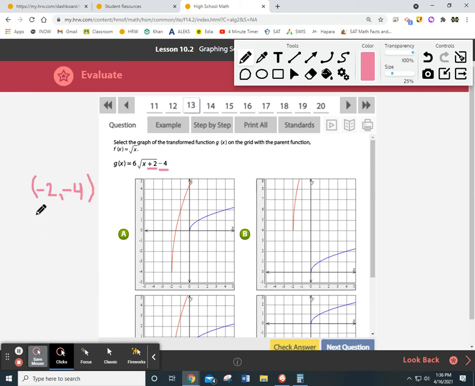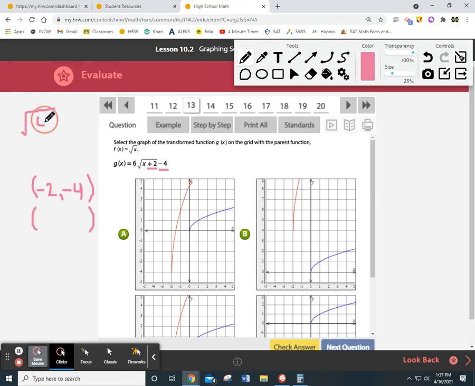Now I know the graph has to open up. If I want to find even one more point, I could pick any number that I want. I would pick numbers going up. I could pick a negative 1 if I wanted to, or a 0. You can do whatever you want, but I want that square root to be a perfect square.